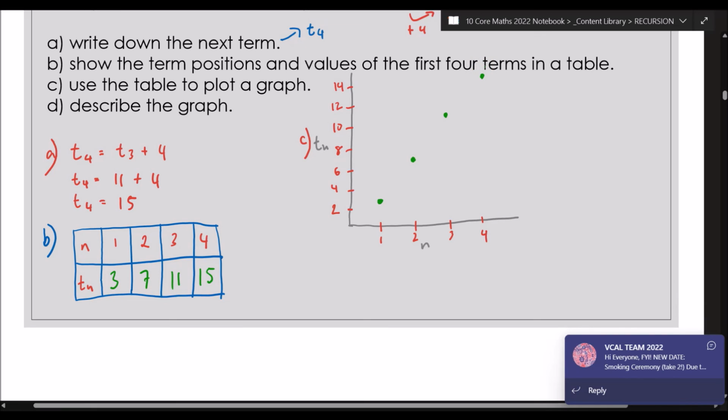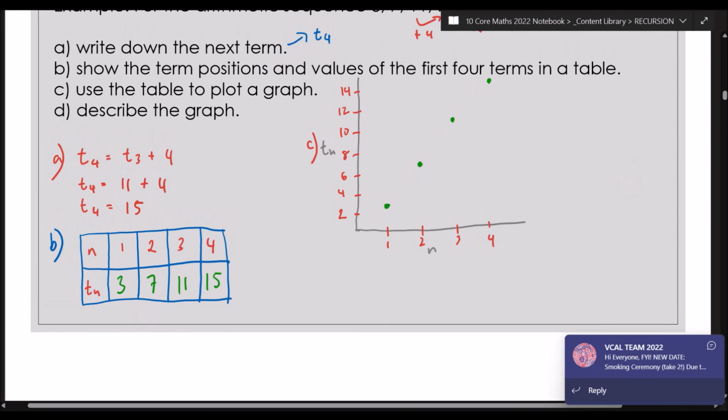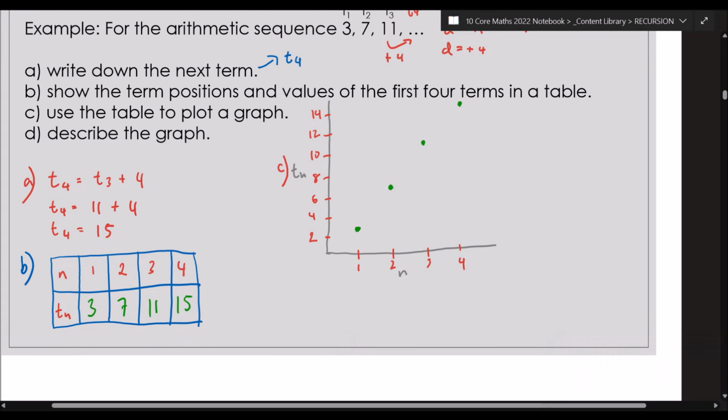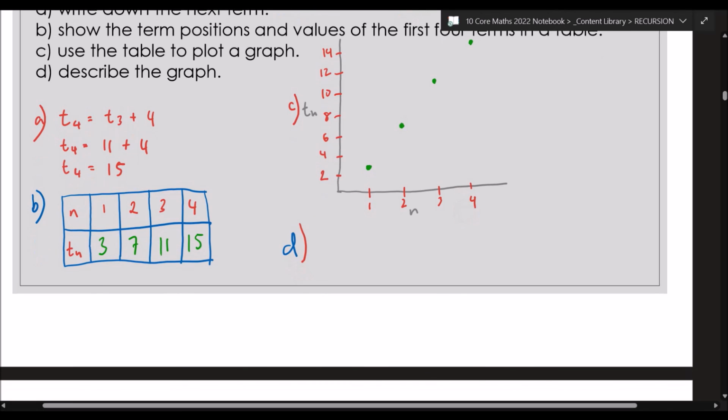Okay, so I can see here in this graph that the dots go upwards, and it looks like they make some sort of straight line, or in other words, they are linear. So in terms of describing the graph, you can actually just say the graph goes upwards.